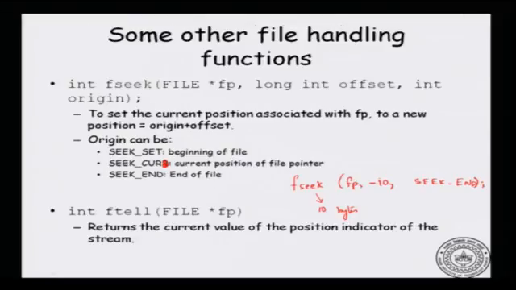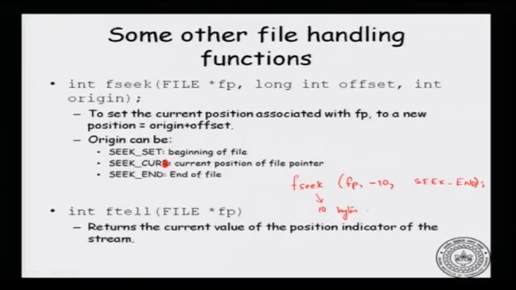So, in that case, I can say the origin is SEEK_END, okay, so that is the end of the file, and where do I start from? SEEK_END plus something does not make any sense, because it will refer to something that does not exist in the file. So, you could say SEEK_END minus 10. So, this is 10 bytes before the end of the file.